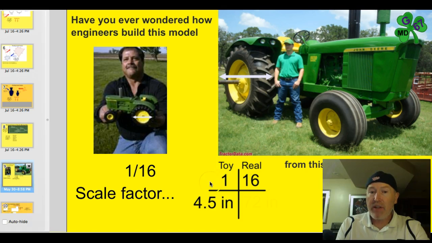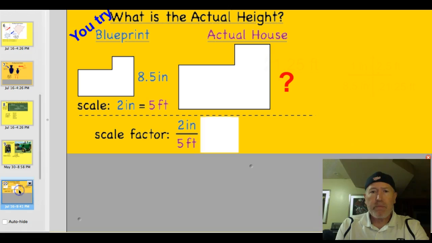That's my scale factor. On the toy, the wheel is 4.5 inches. Multiply diagonally, divide across, 72 inches. And think about it. This guy's probably 6 feet tall. If the wheel is 72 inches this way, it's round. It's got to be 72 inches this way. Makes sense. Nice.